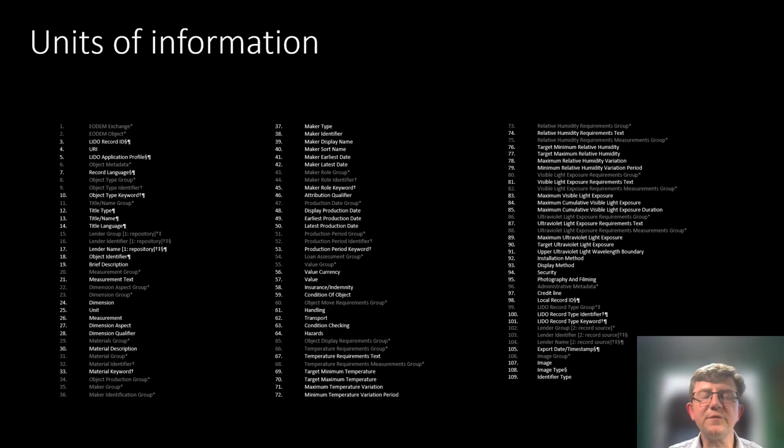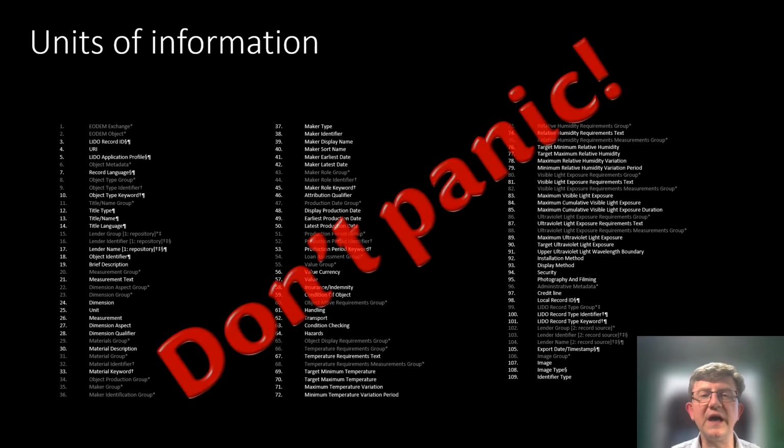Another 1 unit is effectively duplicated because of the way we're implementing LIDO, which leaves us with 69 units of information. Even at this point, I doubt that any collections management system has fields for every one of these units, never mind a museum having data in all of these fields. Again, though, I'll say, don't panic.